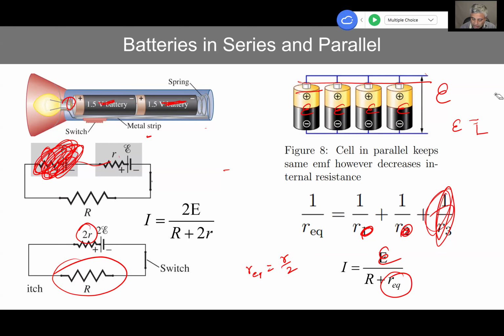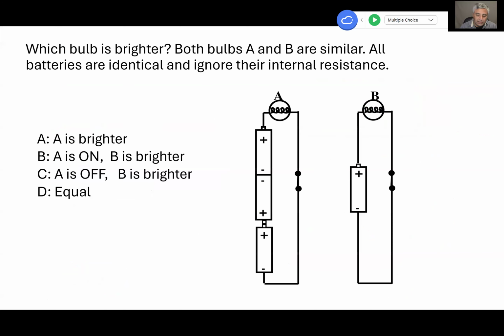And of course, the internal resistance is going to be smaller. Let's say if there are two, and that's going to be that and like that. So yes, current will increase a little bit more, but it's not going to double or triple or fourfold depending on how many batteries are there. Okay, so that is batteries in series and parallel.